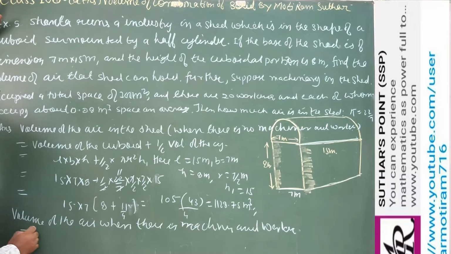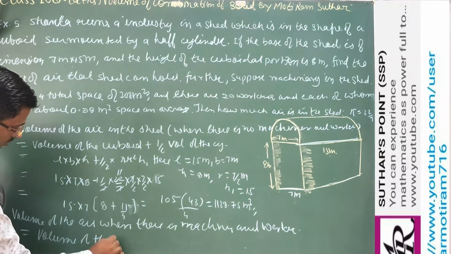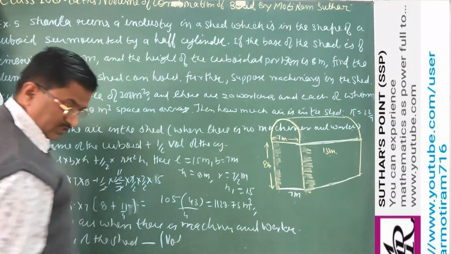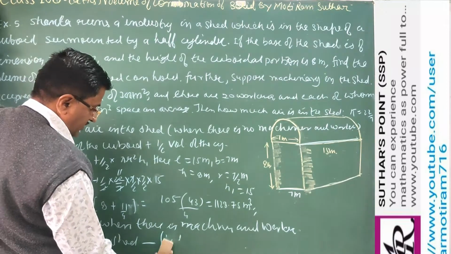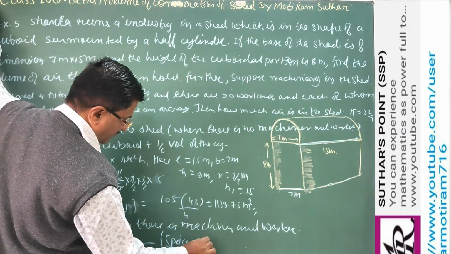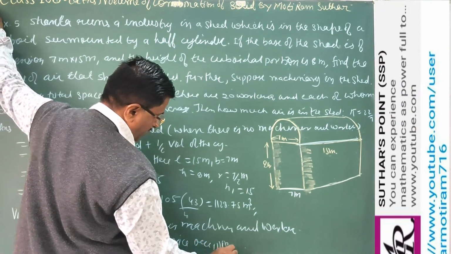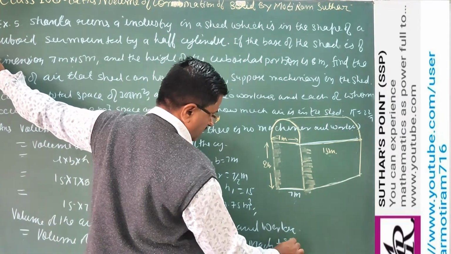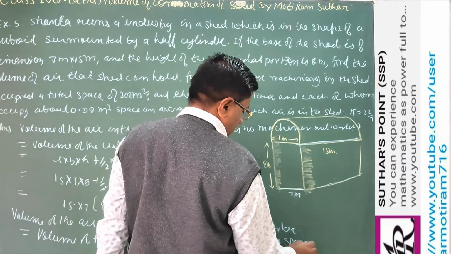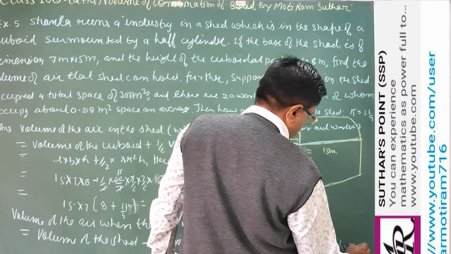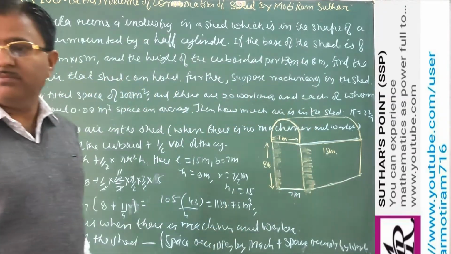Volume of the shed, that is total volume, minus the space occupied by the machinery plus space occupied by workers. These two things we have to subtract from this one.